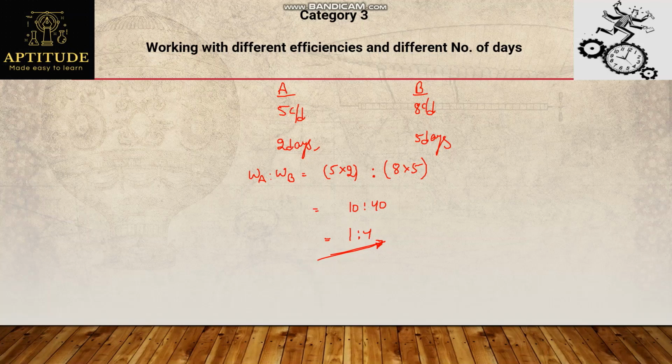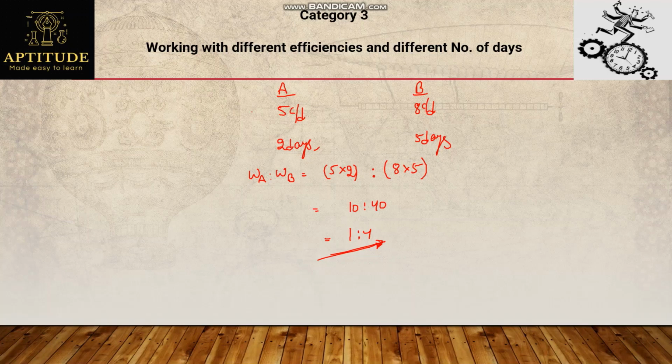A very basic and a very simple concept, and you just need to observe whether they are having different efficiencies and different number of days or not. And obviously we cannot expect the same problems like this. Efficiencies will not be given in every problem. So just in order to make the concept clear, I explained the concepts here. And obviously problems will be very different from this.